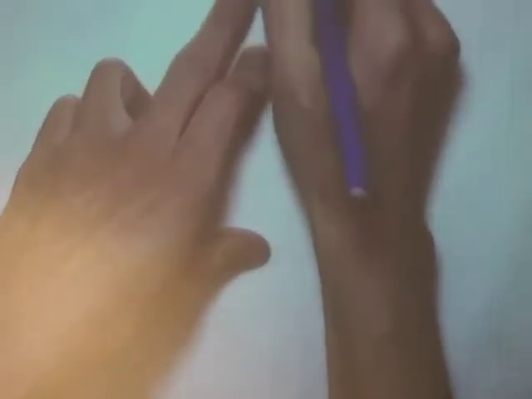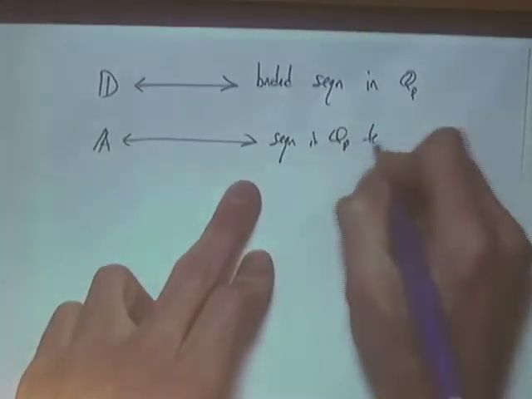So from the point of view of these, just forgetting all the other structures, the fact that it's a power series ring, you can multiply power series and things like that. Just thinking about the moments and the coefficients, this space D is just in correspondence with bounded sequences in Q_p, and the space A is just sequences in Q_p tending to 0.